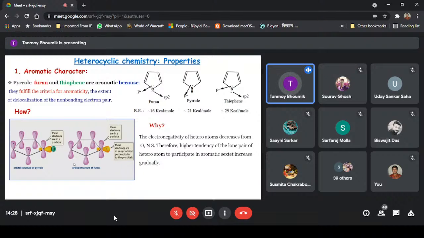If we consider the electronegativity of the heteroatom, which atom has the lower electronegativity?